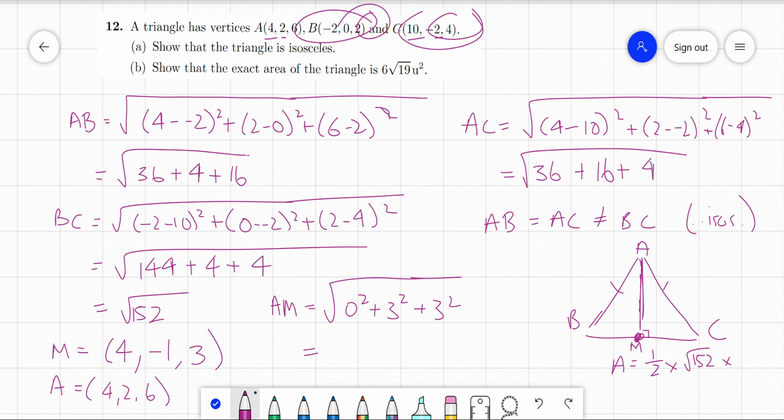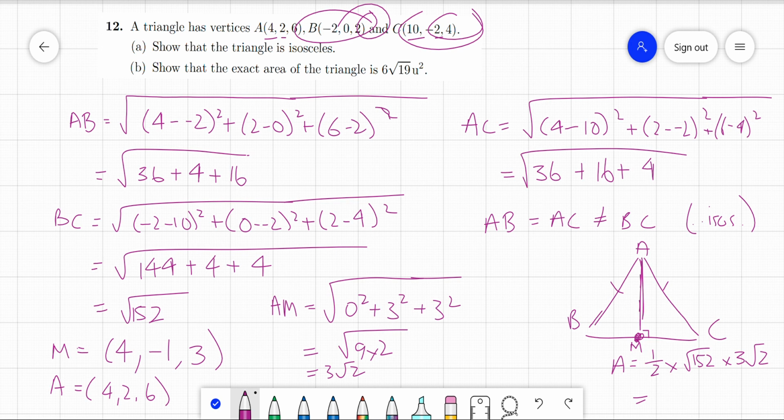So I'm going to get the square root of 9 times 2, and say that's 3 root 2. I could do that, just make it easy. I should actually write my area in terms of those distances: half times the length BC, times the length AM, is what I'm looking for.